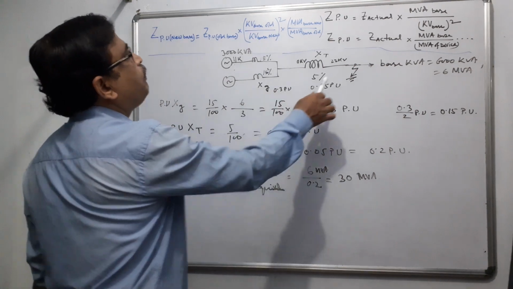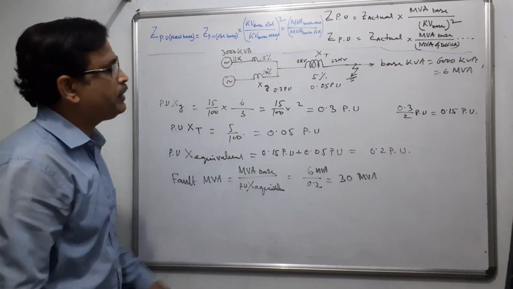So if a fault occurs at this side, the fault MVA will be 30 MVA.